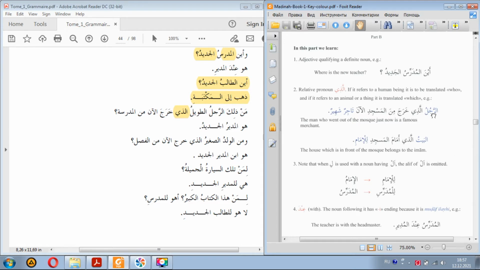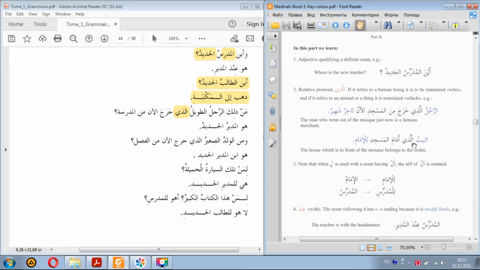The man who went out from the mosque just now is a merchant, a famous merchant. But in the second sentence we have al-bayt, which is not a human being, and therefore we translate this الذي as which.